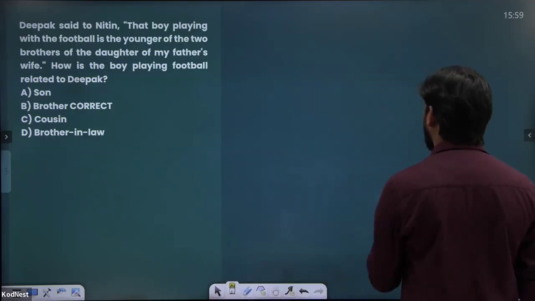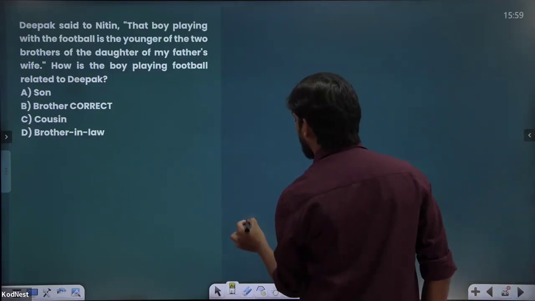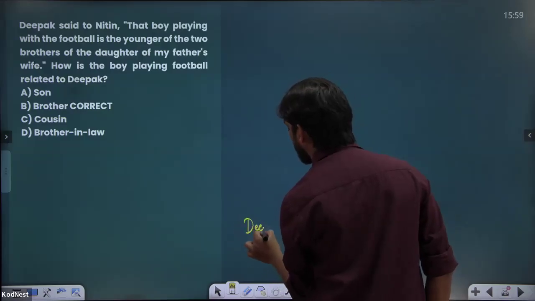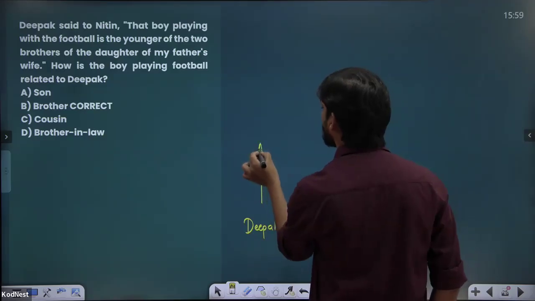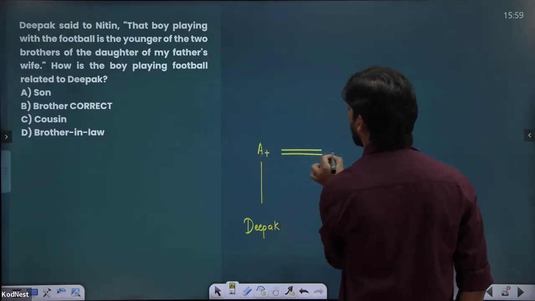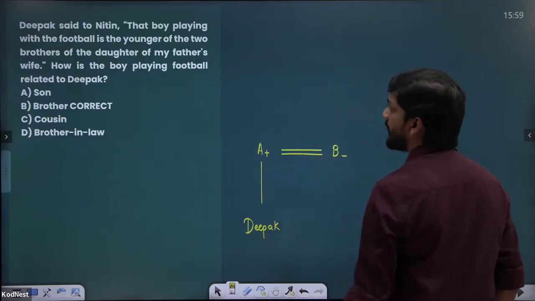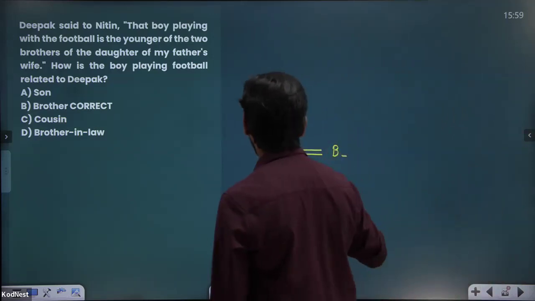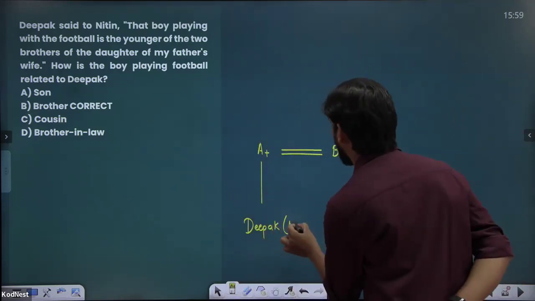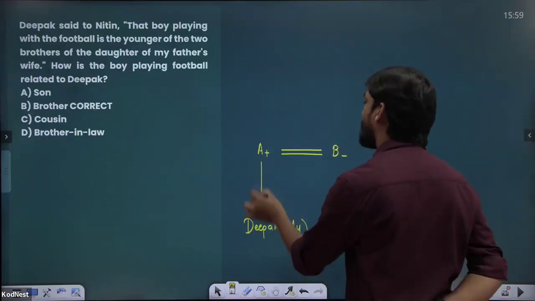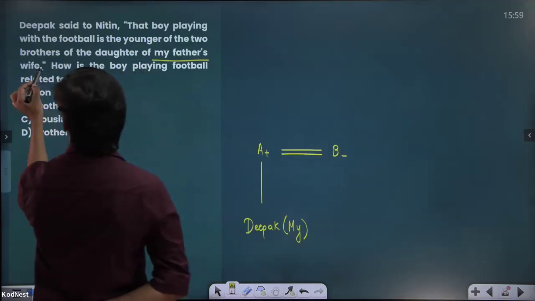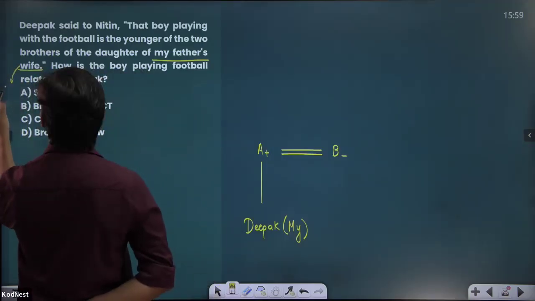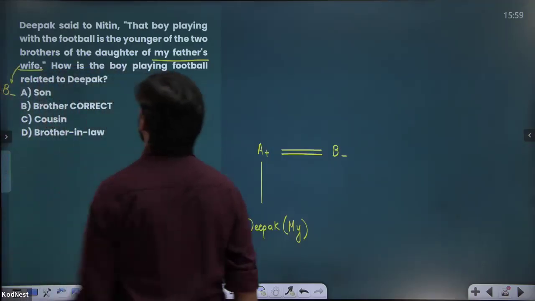So Deepak is saying, please start from the last. My father. Father is A plus. My father's wife, let's take B minus. Deepak is mine. My father's wife we are representing as B minus in the diagram.